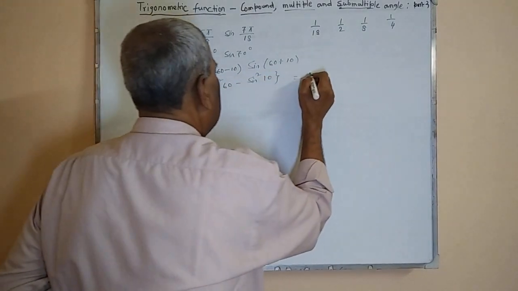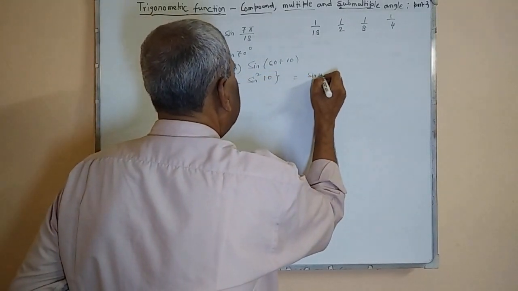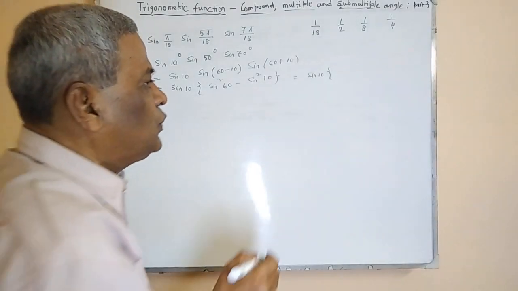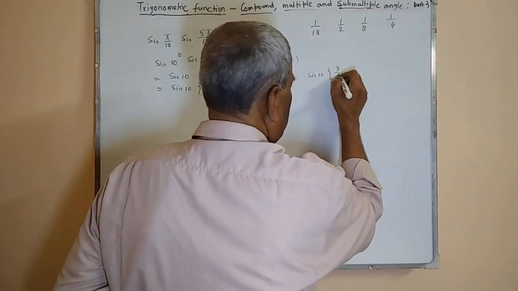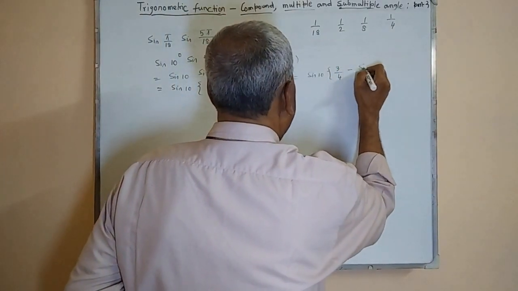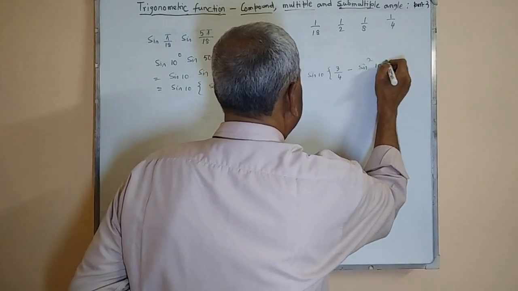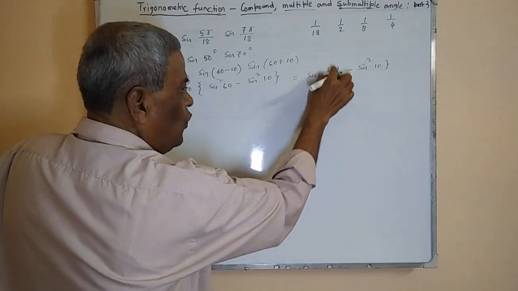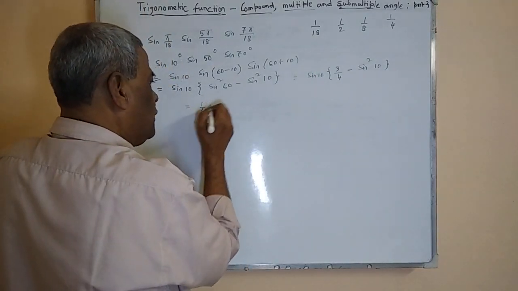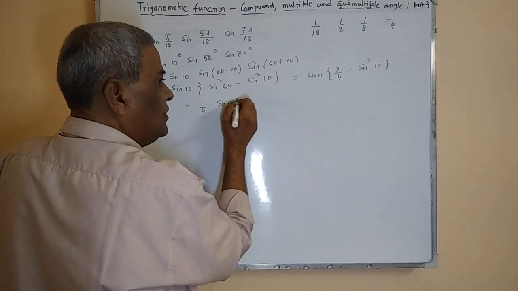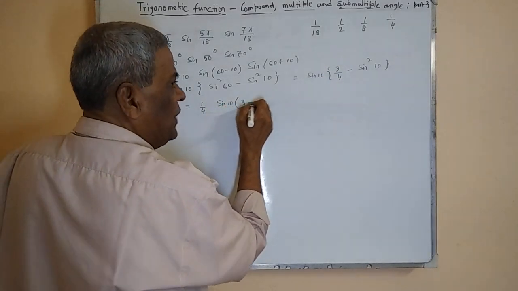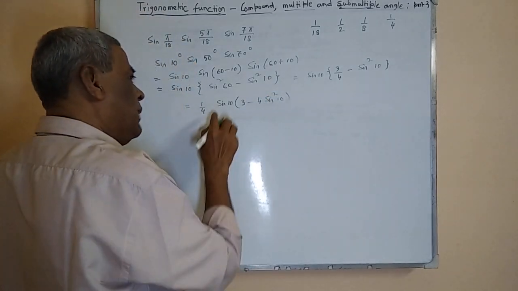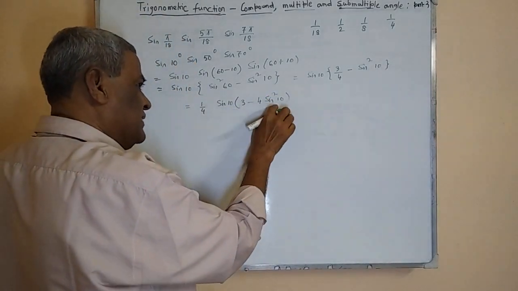It is equal to sine 10 into sine square 60 minus sine square 10, sine 60 is root 3 by 2, so it is equal to 3 by 4 minus sine square 10. Taking 1 by 4 common, 1 by 4 sine 10 into 3 minus 4 sine square 10. Now multiply this sine 10 with this.